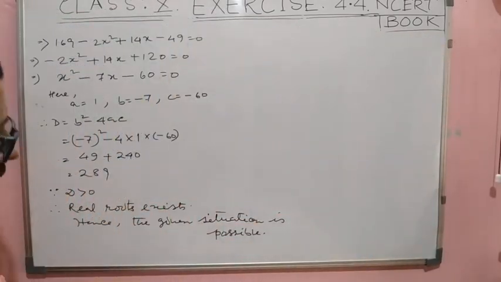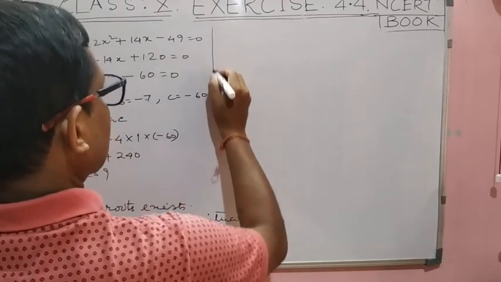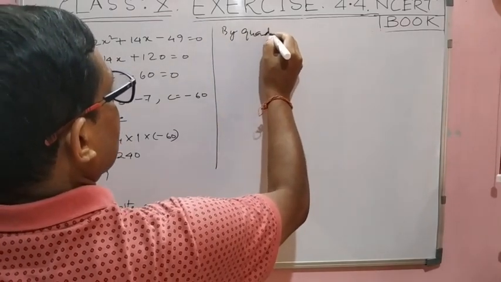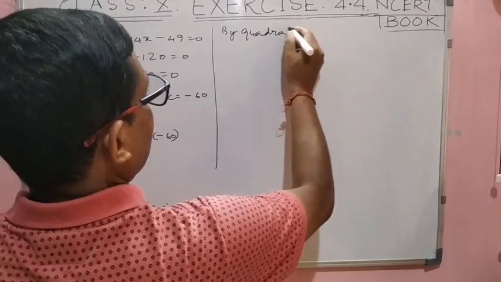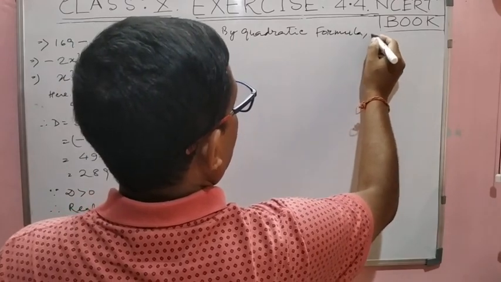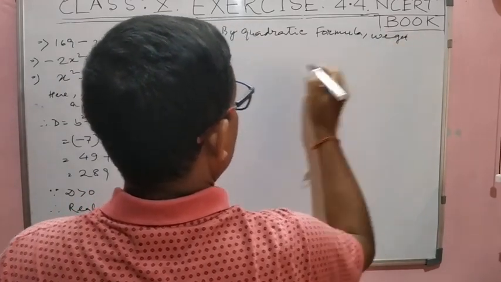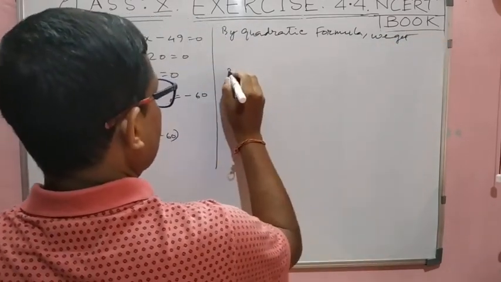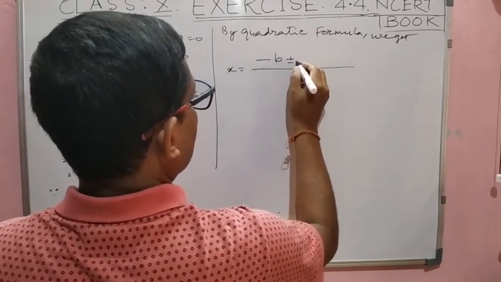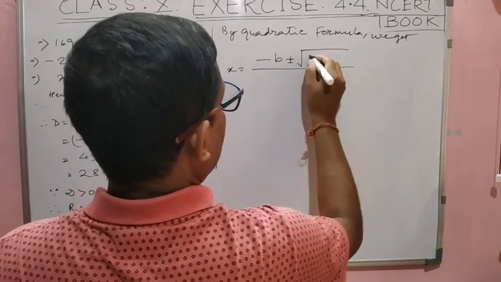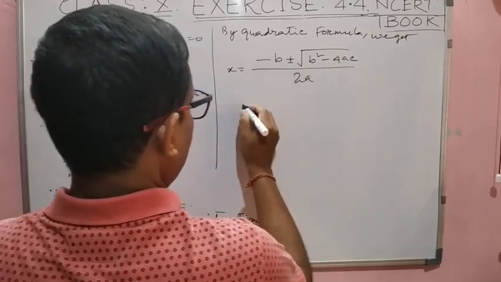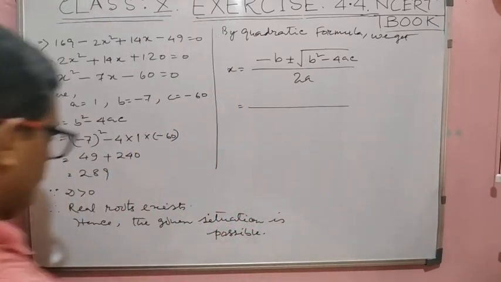So by quadratic formula, we get x equal to minus b plus minus root over b square minus 4ac by twice a.